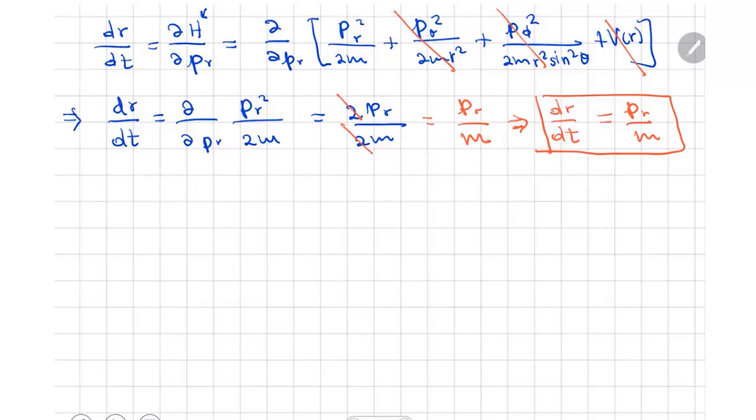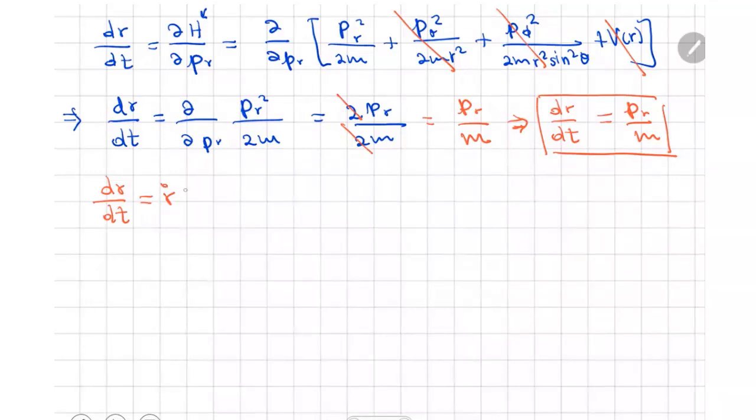We can write dr/dt as r dot, you remember that we can use this convention for derivatives.